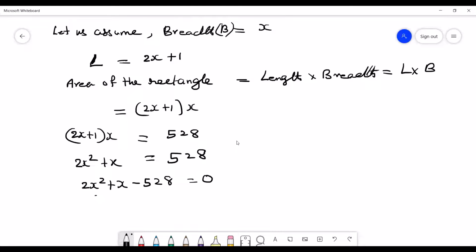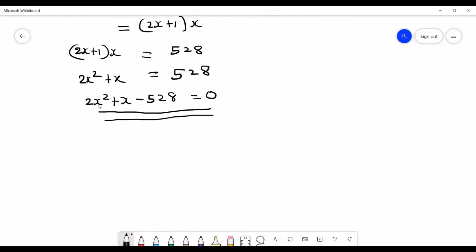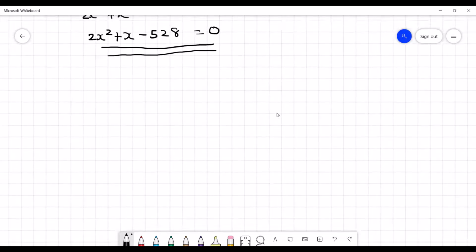So this is the mathematical representation of the given situation, and this is a form of a quadratic equation. The given situation is represented by 2x square plus x minus 528 equal to 0.